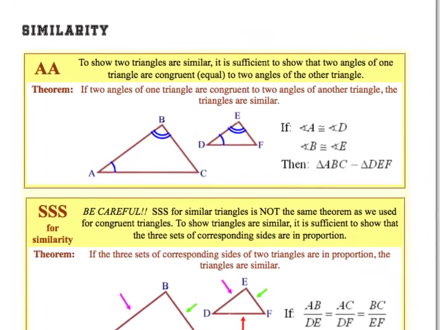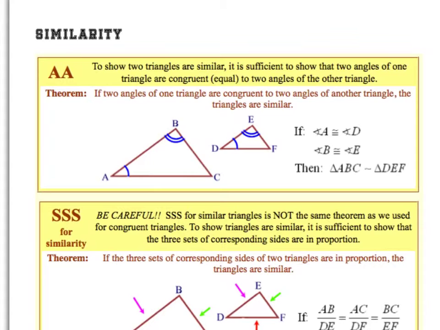Then we can also look at similarity theorems, and there are two of them that we've been studying, and that is the angle-angle theorem. If you can show that two angles are congruent, then the triangles are similar. And remember that similarity means that you're going to be able to set up a proportion and solve for missing sides and things like that, as we've done already in a couple of these problems.